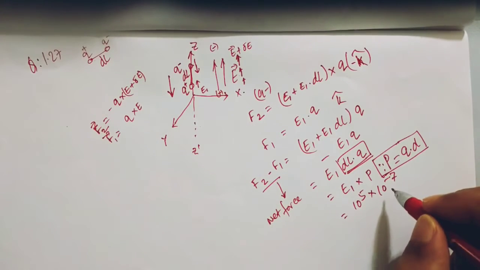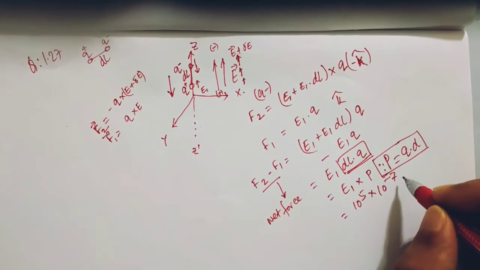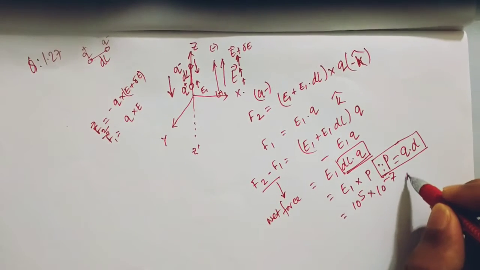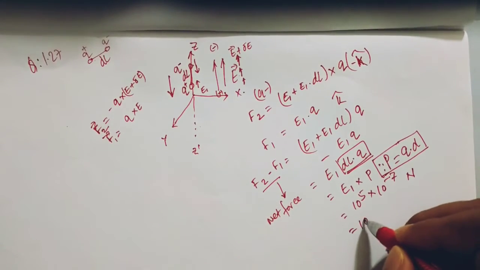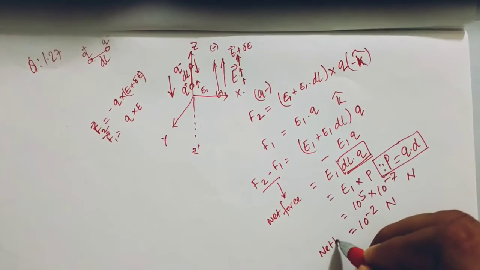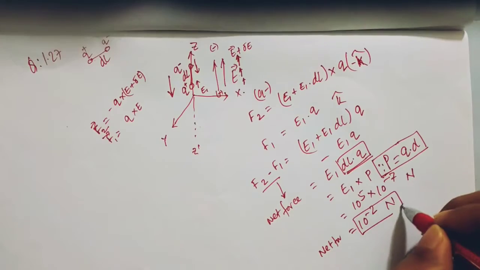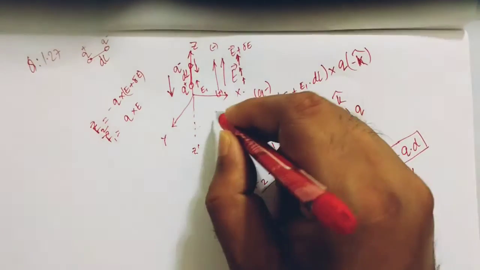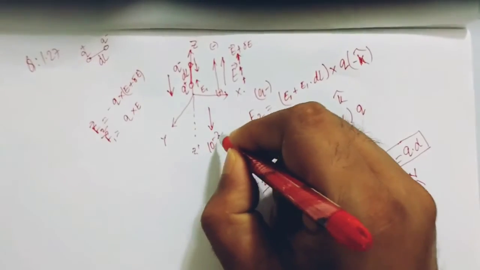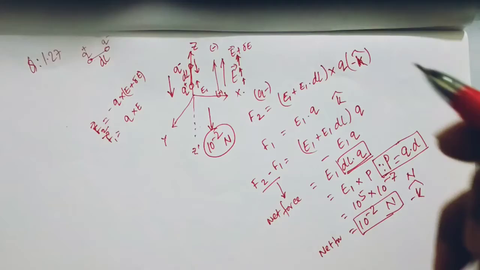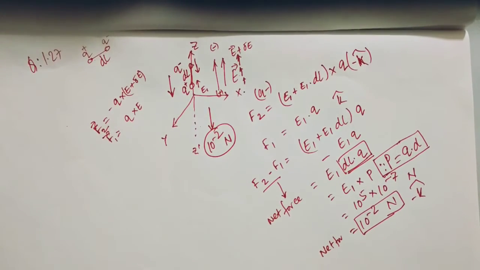So the net force will be this much Newton. So this is 10 to the power minus 2 Newton. So the net force is 10 to the power minus 2 Newton, and this is in the minus k cap direction. It means this is in the negative z direction. This much force is working on this dipole.